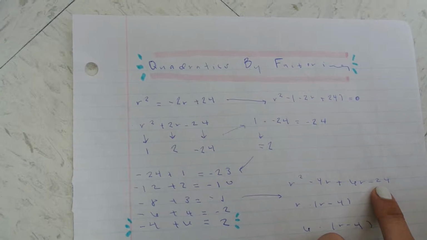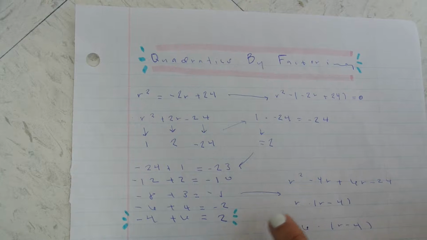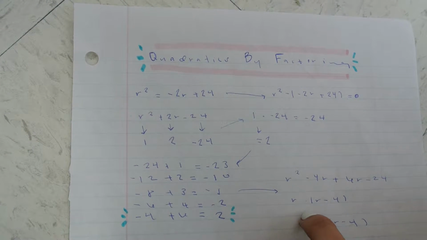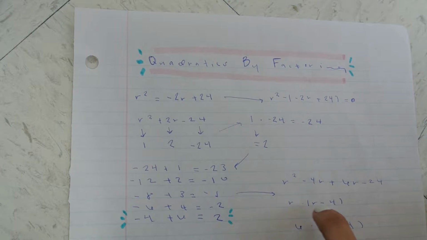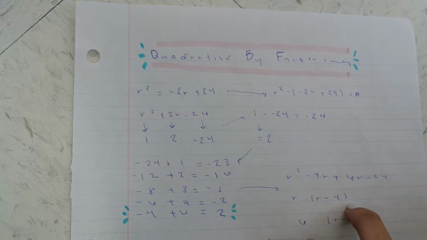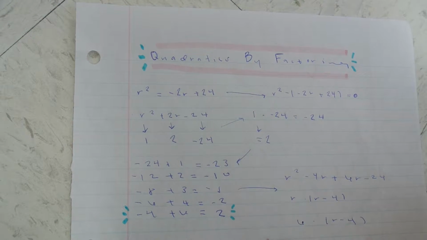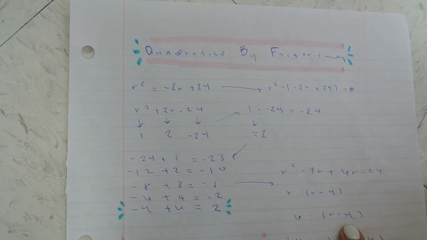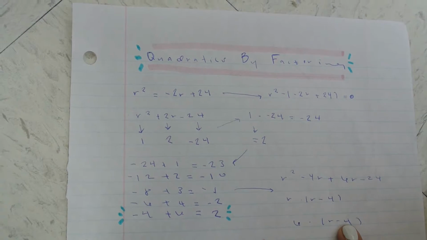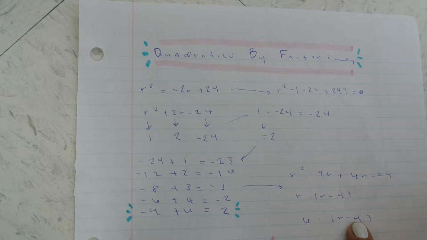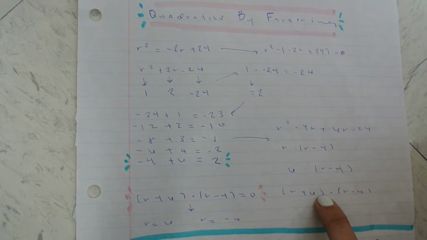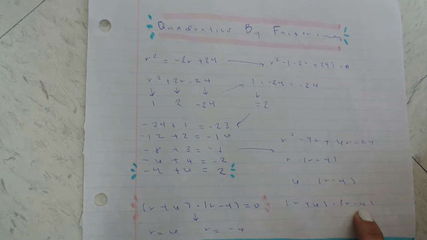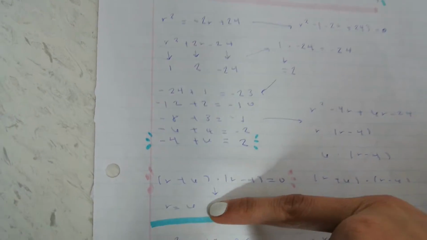Then you're going to group the first two terms, pulling out the like factors, so that's r times r minus 4. And then you do the same thing for the second half, so then it's 6 times r minus 4. Then you add up the terms of step 4, and that's r plus 6 times r minus 4, and then you get r equals negative 6 and r equals 4.